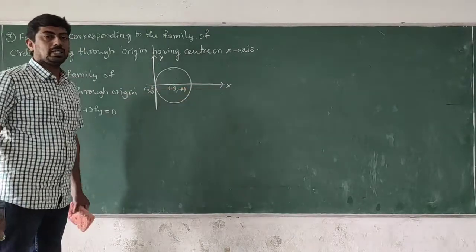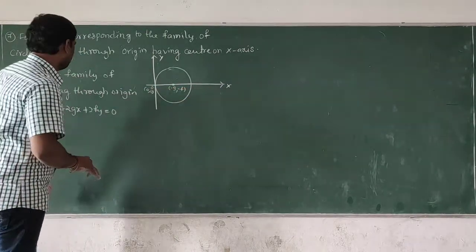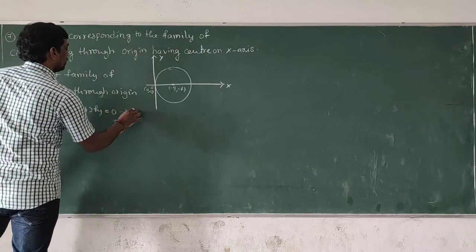In the previous problem I explained that. That's why c equals 0. Take this as the first equation.